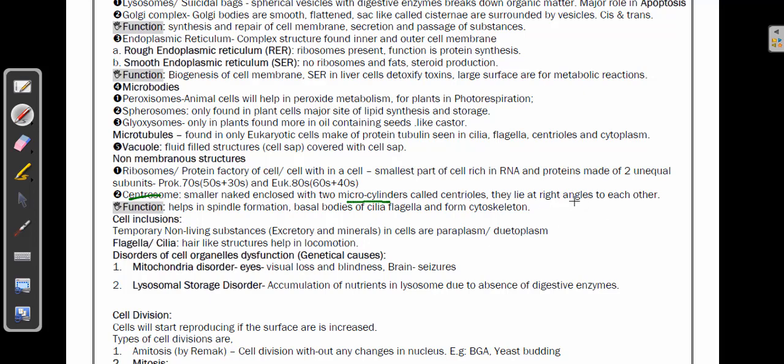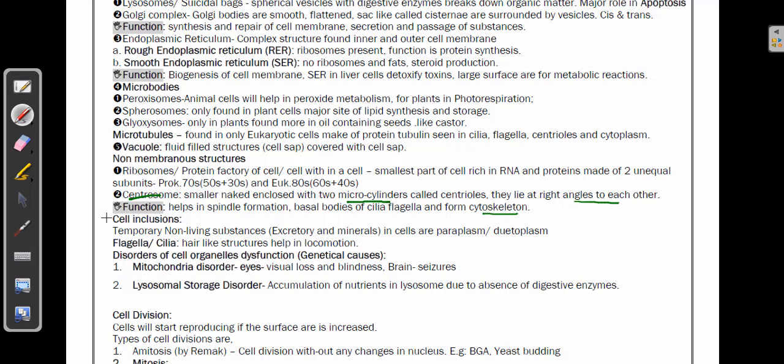So they always lie at right angles. That's why when you try to illustrate cell division, they are always represented in this way. The major function of the centrosome is to form the spindle fibers, and also they are the basal bodies of cilia and flagella that form the cytoskeleton.